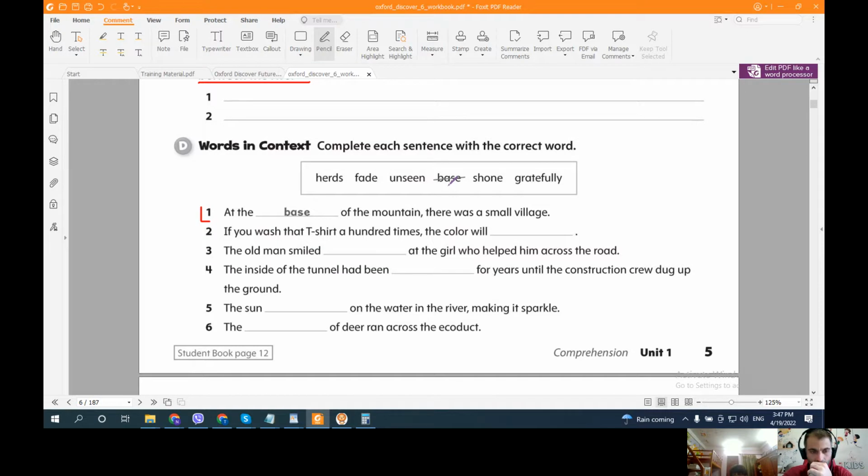If you wash that t-shirt 100 times, the color will fade. Okay, very nice. Next one, number 3. The old man smiled gratefully at the girl who helped him across the road.